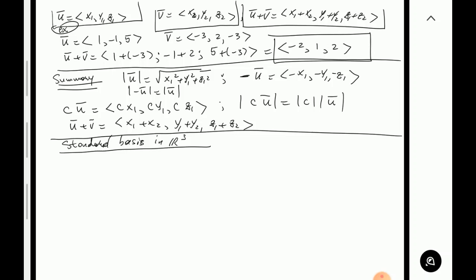So let's start with an example. Notice that no matter which vector you start with, so let's say I start with 3, minus 1, 5, I can use in reverse the vector addition and scalar multiplication in a very specific way that shows pretty much any vector can be written as a linear combination of three important vectors, which form that basis I was talking about.